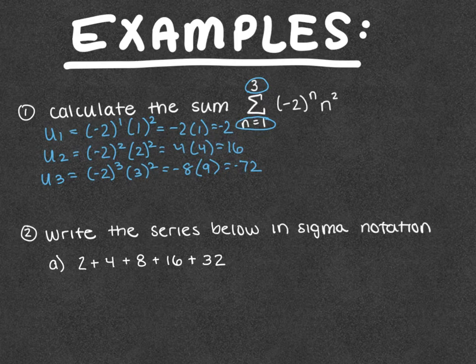So to now calculate the sum, we're just going to add all of these together. So negative 2 plus 16 minus 72, and that equals negative 58.